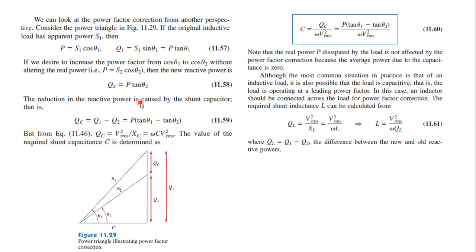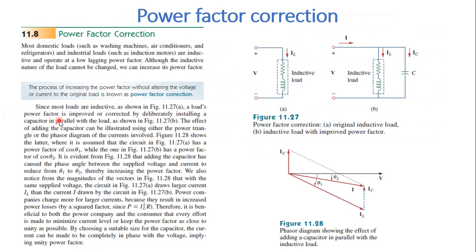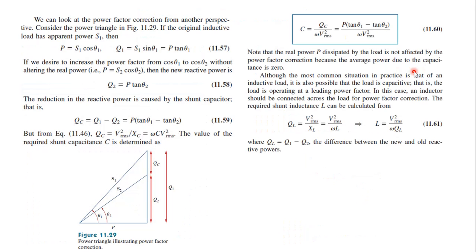This reduction in the reactive power is caused by the shunt capacitor, that is, we have added a capacitor here. This will make the reactive power less, right? So QC is the reactive power reduced by adding the capacitor. So QC is equal to Q1 minus Q2, that is P times tan theta 1 minus tan theta 2.